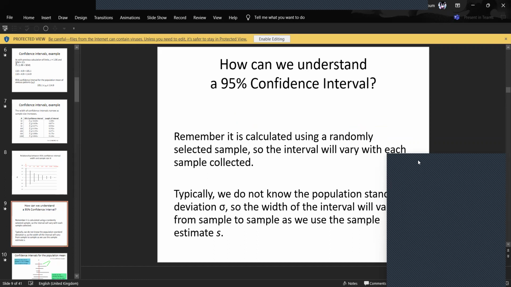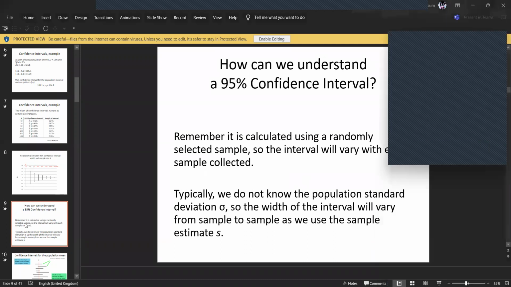Okay? And so what does the confidence interval tell us? If we do know the population mean, what we can do is find the confidence intervals for the population.